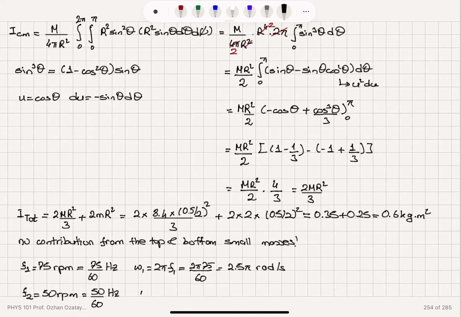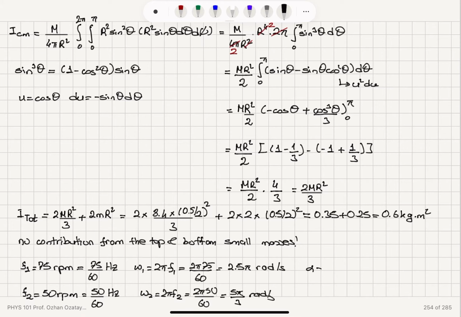That gives me an angular speed 2 pi f2, which is 2 pi 50 divided by 60, and that's equal to 5 pi over 3 radians per second.